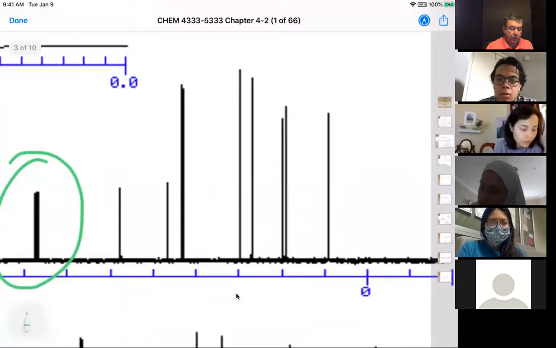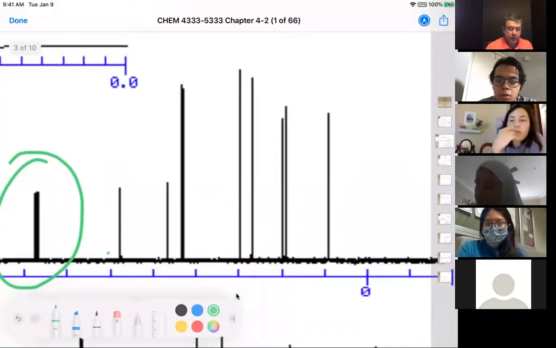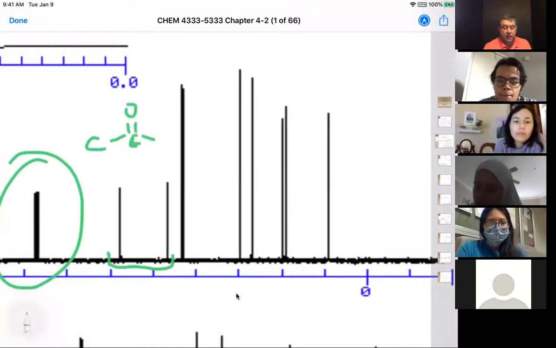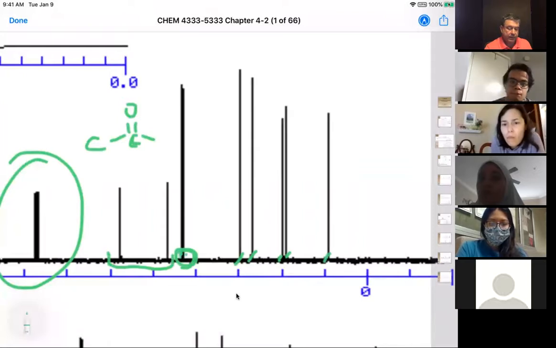So impression-wise, I think the two highest ones here are probably carbons that are attached to the carbonyl, because they're shifted up the highest. So we have 2 of those. Then we have what might be 2 peaks here, another 1, 2, 3, 4, 5, 6, 7, 8, 9, and then our carbonyl is 10.